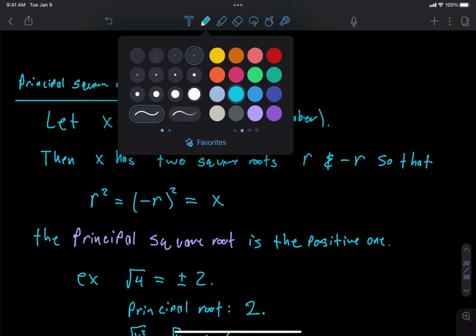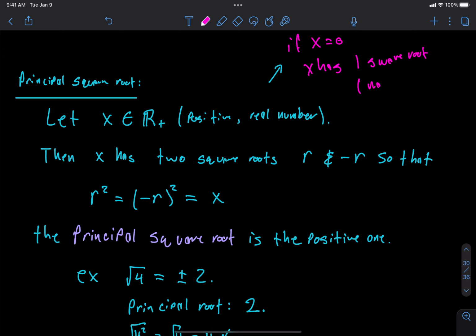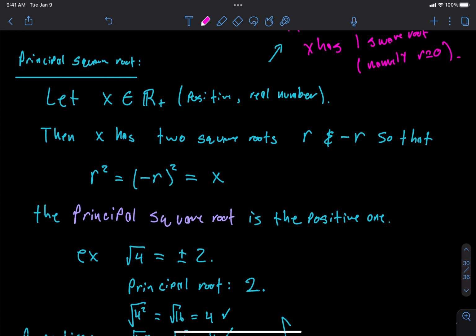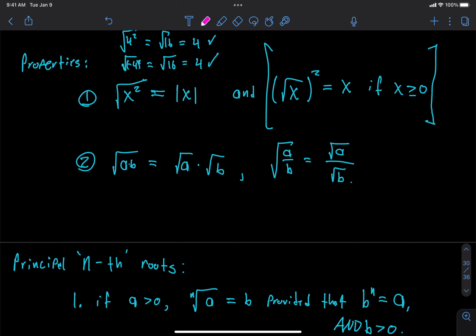So, side note, if x equals 0, then x has 1 square root, namely r equals 0. So that's just a side comment. We can still take the square root of 0 because 0 times 0 is 0. All right, good question. Any other questions?